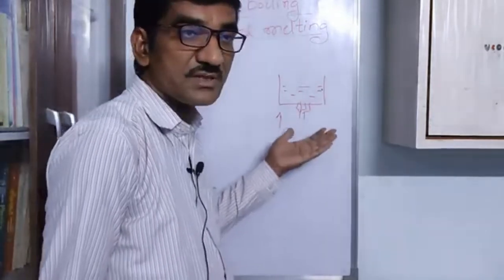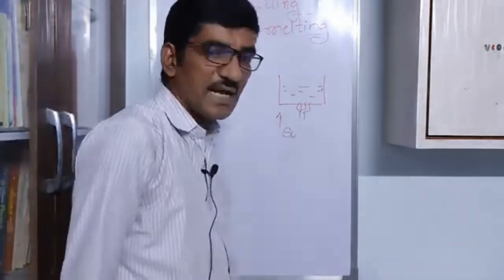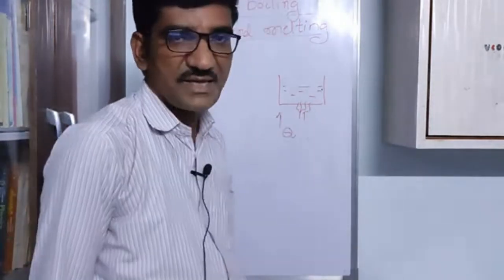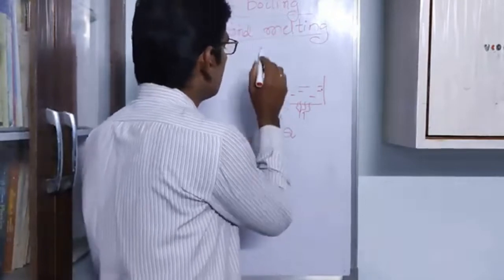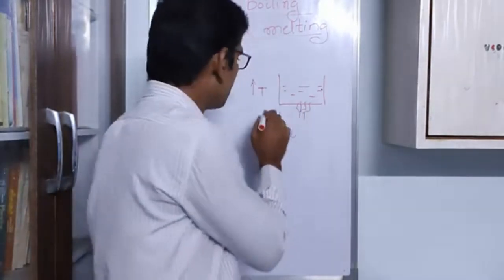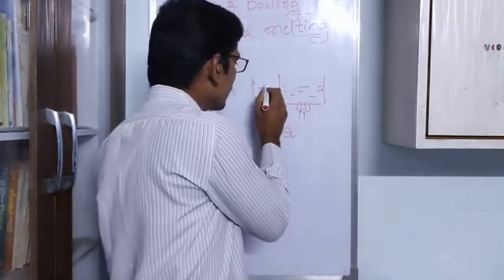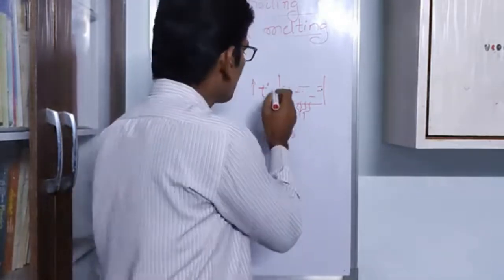Now what is our system? It is just water in a vessel. So as you go on heating the substance, what happens here? The temperature, small t or capital T, of the substance goes on increasing.